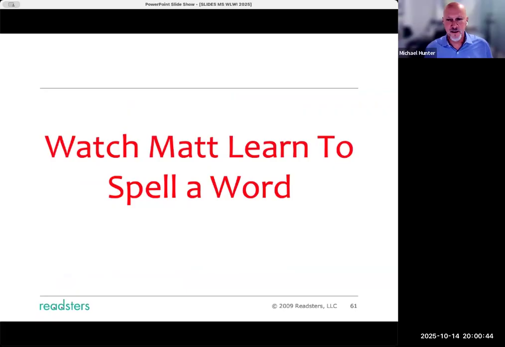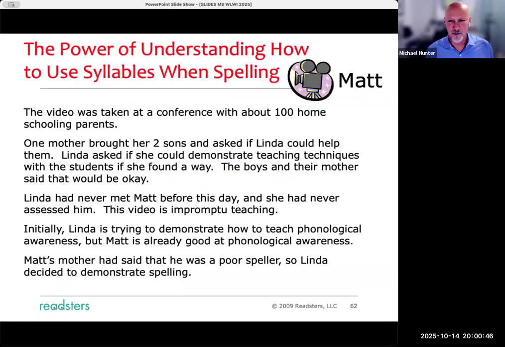Okay, so this is a long time ago. Linda was giving a presentation. She had met 2 little boys that were having trouble reading, and asked them if they would volunteer. They both agreed that they would volunteer if she needed help. On the spur of the moment, she decides to teach Matt to see if he can spell a multisyllable word.